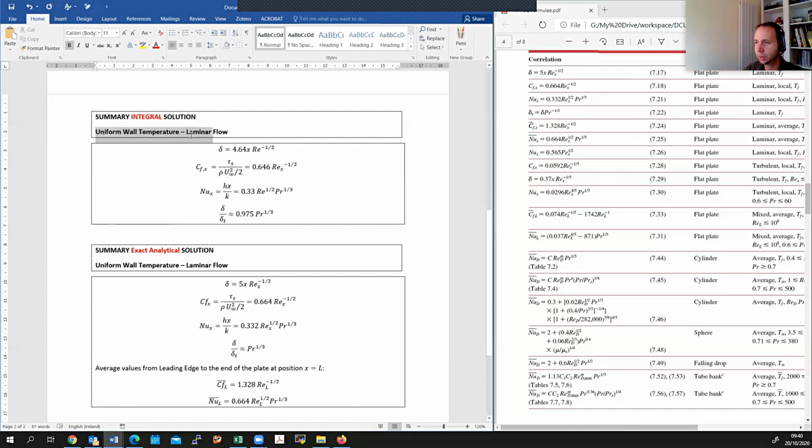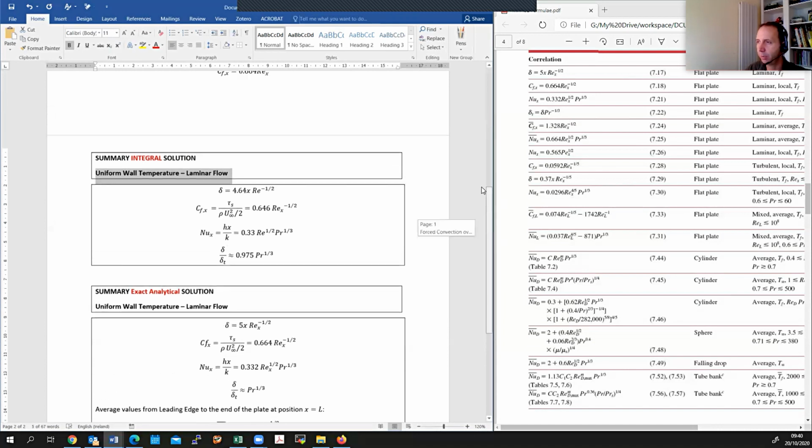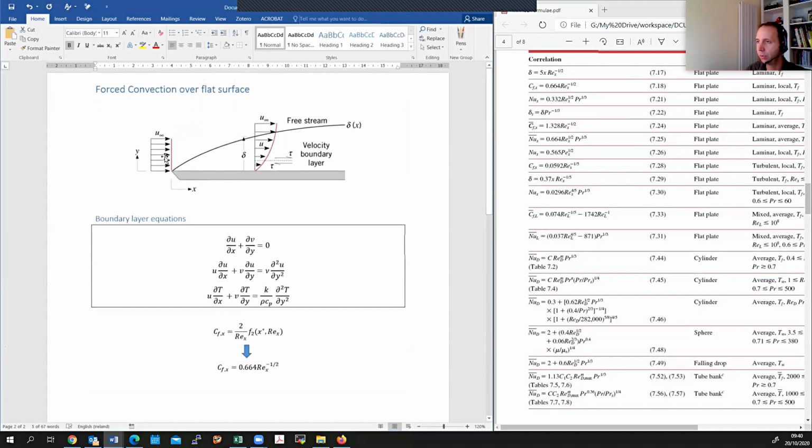There are constraints applied to these solutions. That is, the solutions are not always valid. They are suitable provided that you have a uniform wall temperature and provided that the flow is laminar. So let's go back a little bit to the sketch. Uniform wall temperature means the temperature of the plate is the same everywhere.